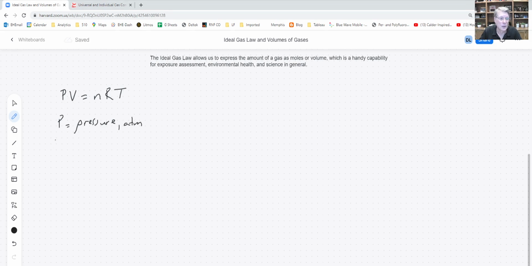Now, V is volume. I recommend using units of liters. T is temperature. This is absolute temperature, so it's in units of Kelvin. n is the number of moles. And then R is the ideal gas constant.